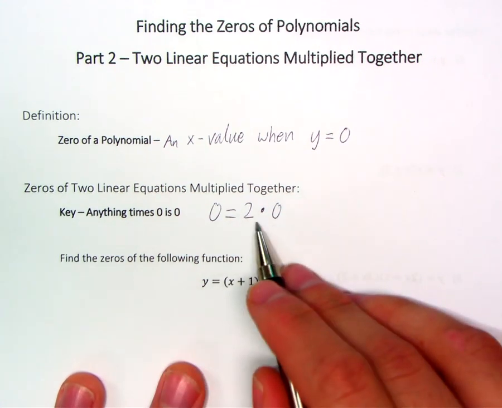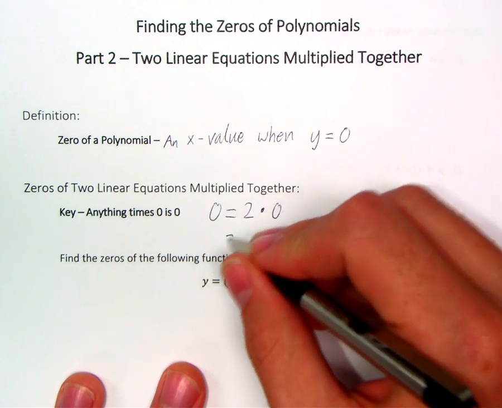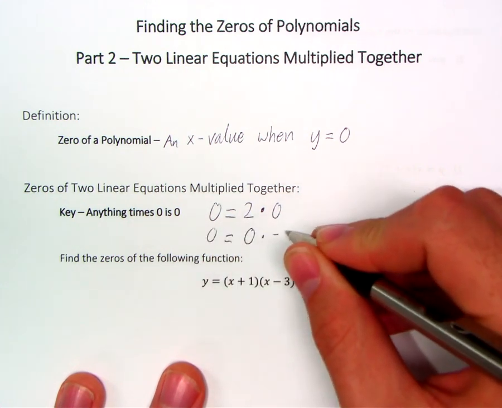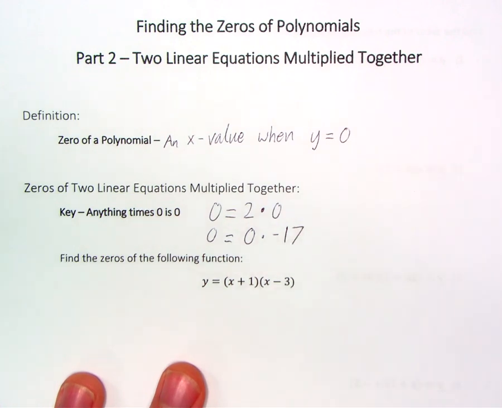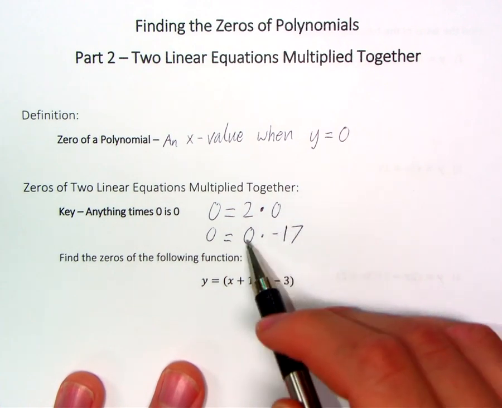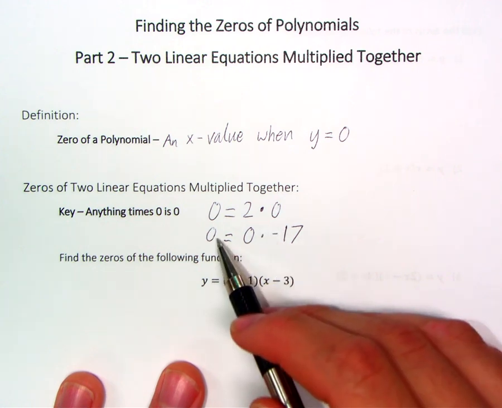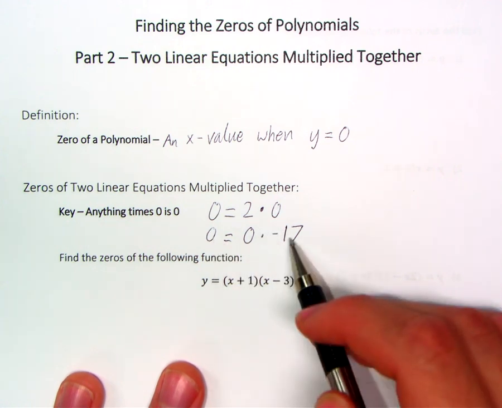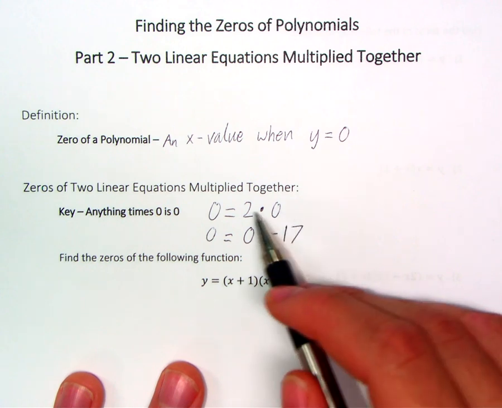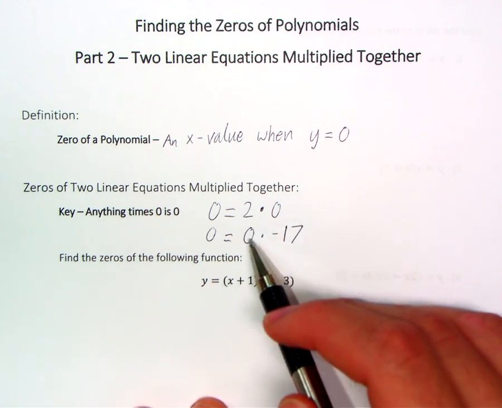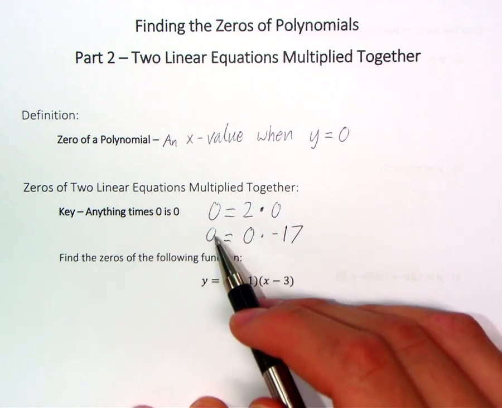It doesn't matter that there's a 2 there. Or, look at this one. When you have the problem 0 times negative 17, for example, since there's a 0 in that multiplication problem, the answer is going to be 0. Doesn't matter that it's a negative 17, doesn't matter the other number is a 2, it doesn't matter what that other number is. If a 0 is part of the multiplication problem, 0 is your answer.